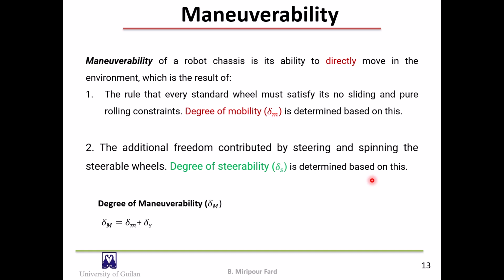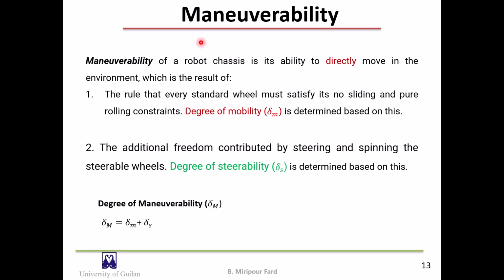In the previous slides, we talked about degrees of freedom, but since it is a mobile robot, maneuverability comes into the picture. Maneuverability of a robot chassis is its ability to directly move in the environment, which is the result of, one, the rule that every standard wheel must satisfy its no sliding and pure rolling constraints, and degree of mobility, delta M, is determined based on this rule.